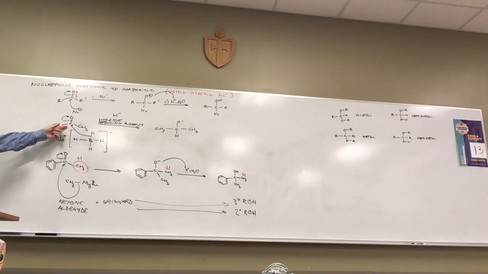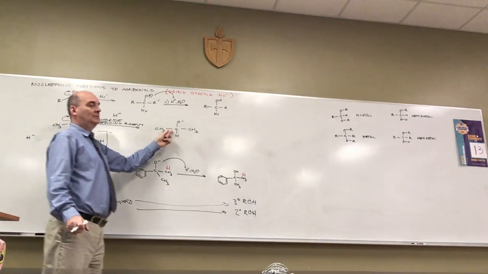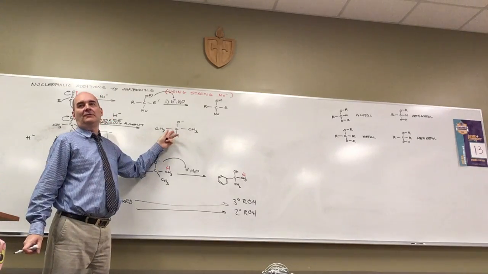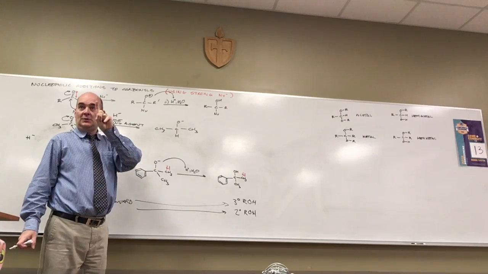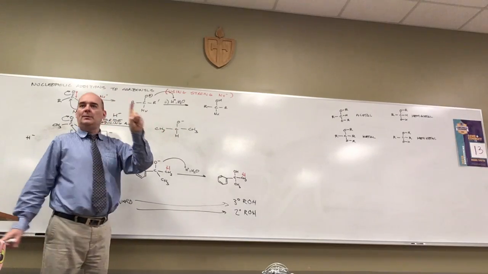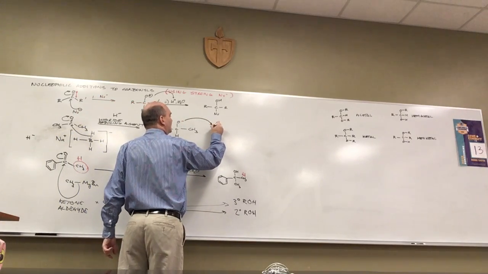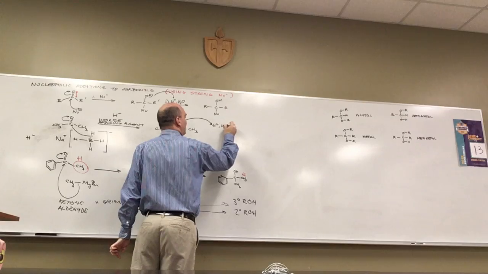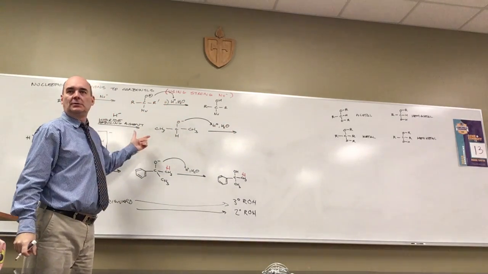In the reactants, look at this carbon. It has no bonds to hydrogen, but it has 2 bonds to oxygen. The product, which is not finished yet but will be soon, has 1 bond to oxygen and 1 bond to hydrogen. So under our very old definition of oxidation and reduction, this is reduced.